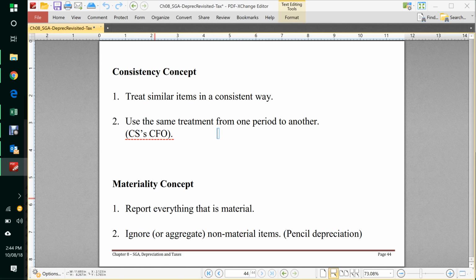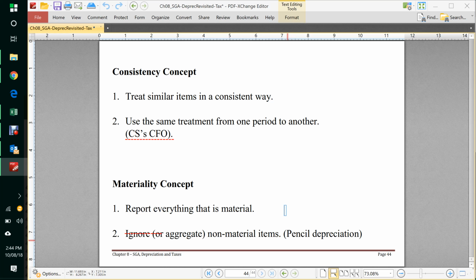And the materiality concept says that we want to report everything that is material, and we don't really want to ignore anything. Let me make a change there. Let's just say aggregate non-material items.